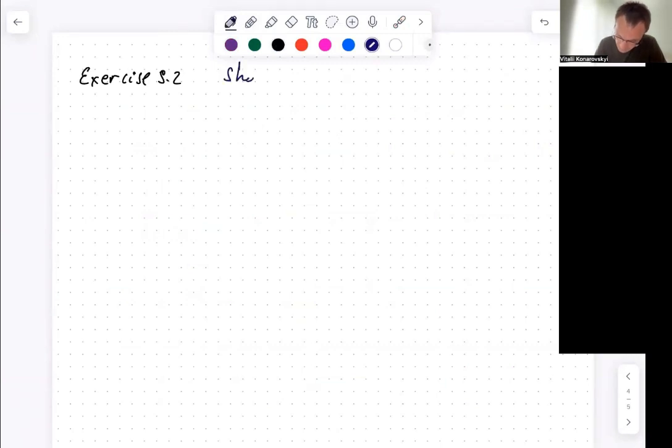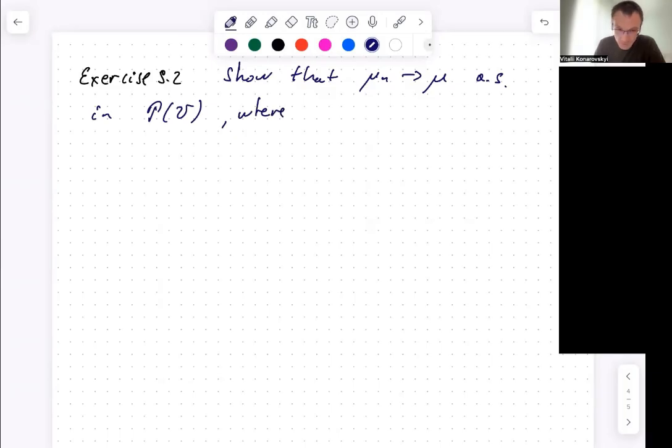Show that mu n, defined as before, converges to mu almost surely in the space of probability measures on U, where mu is the distribution of x, for instance x1.